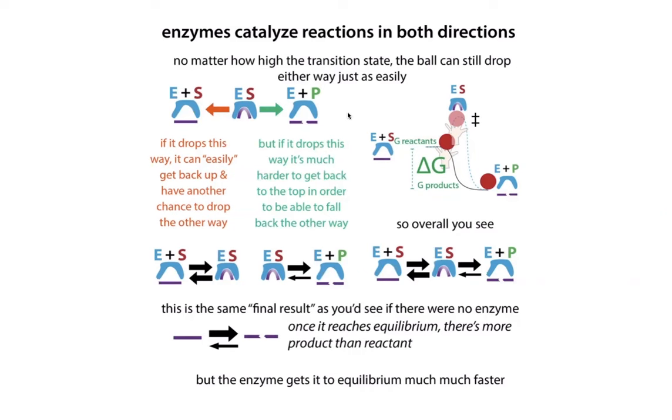And note that we kind of simplify things when we go from E plus S, so basically our enzyme and our substrate not interacting, to ES when they're interacting, to E plus P when the products are released. But this is actually a little more complicated, because you have the binding, then you form your complex with the substrate, and then you have to actually change that complex into product.